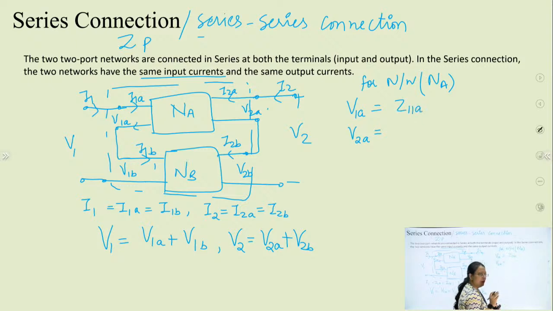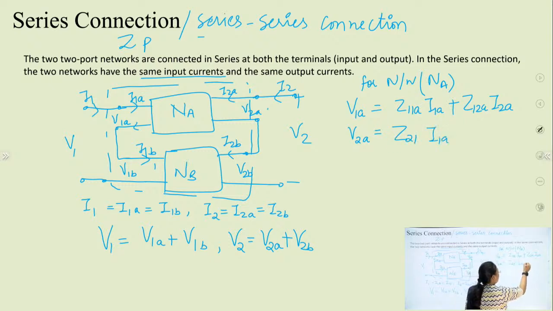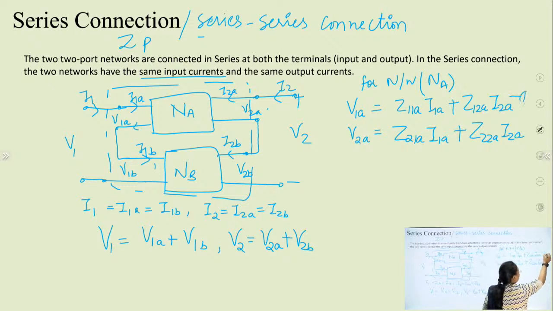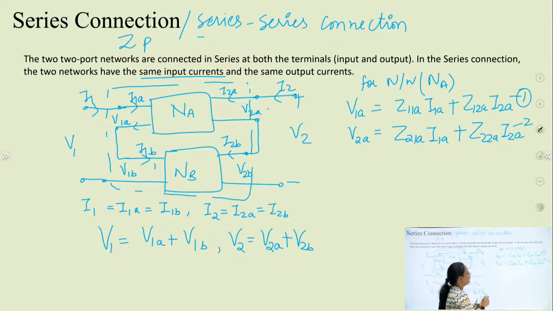I am representing the parameters of network A also with the suffix small a. So V1A equals Z11A I1A plus Z12A I2A, and V2A equals Z21A I1A plus Z22A I2A. I can say this is equation number 1 and this is equation number 2 for network A.